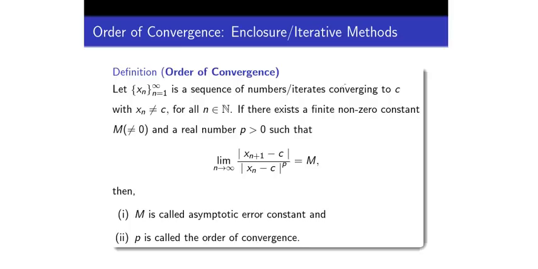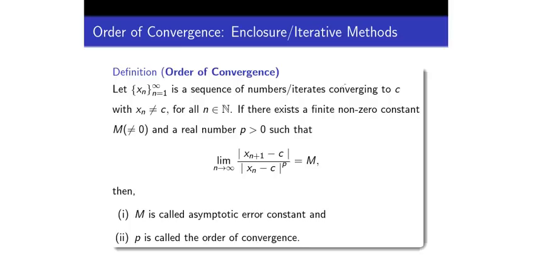Then you say your method is good and acceptable. Sometimes it is also related to stability: the generated sequence of numbers should not diverge, meaning it should not go away from the solution.